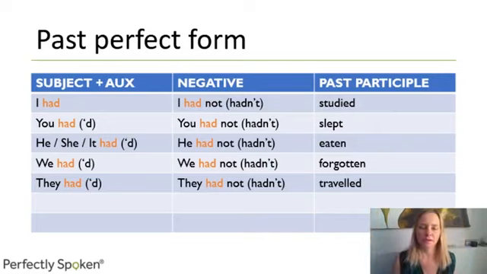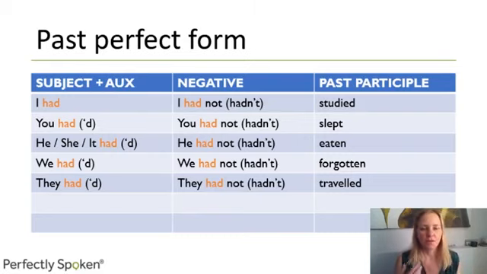We've got some examples. We've got 2 regular verbs here and 3 irregular verbs. Can you see the regular verbs? Yes, studied and travelled. They're regular verbs because the past simple and the past participle are the same. So yesterday I studied, or I hadn't studied.